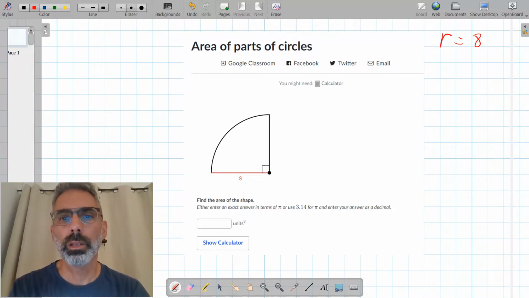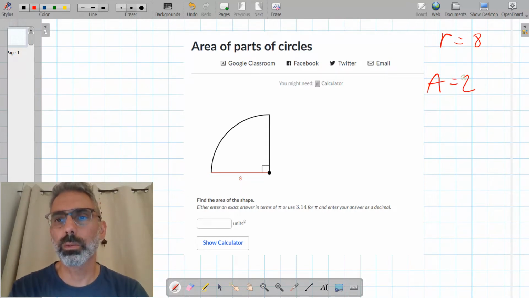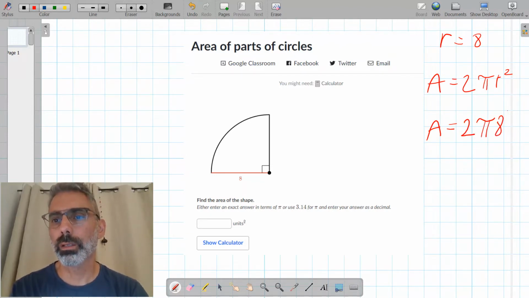and we know that the entire area of the circle is 2 pi r squared, which means that the entire area of the circle is 2 pi 8 squared, because I plug in 8 instead of r.